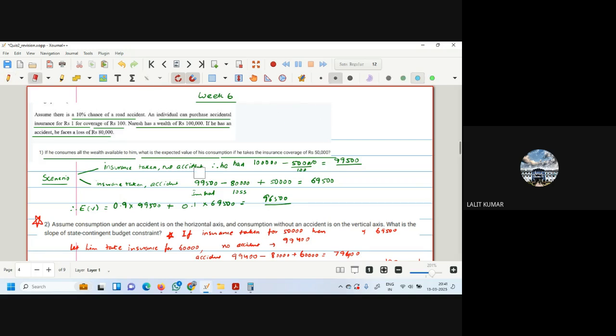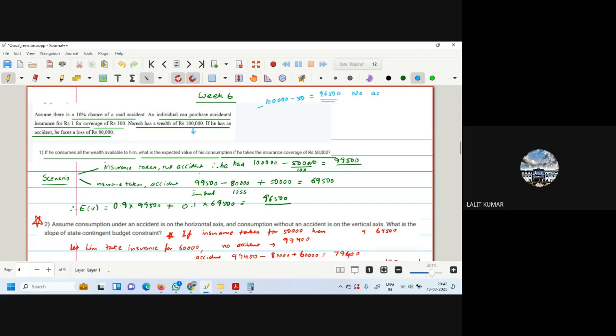So see, how do we take on this question? First of all, we consider that his wealth is 100,000. And he has taken an insurance coverage of 50,000. It means he has paid 50,000 divided by 100. So his wealth in the starting will be 100,000 minus 500, so it is 99,500, which is the state for no accident.